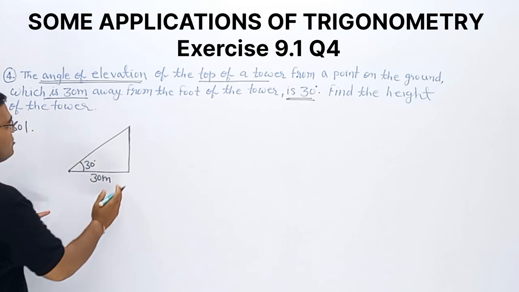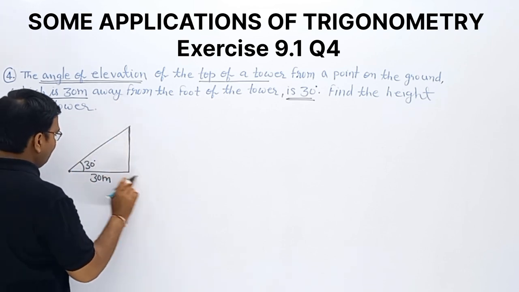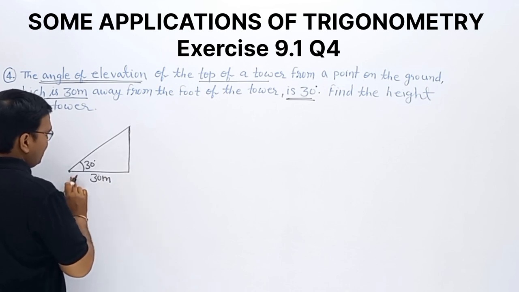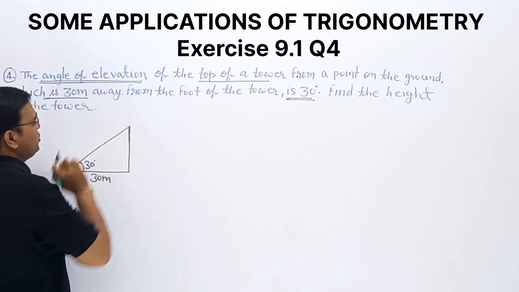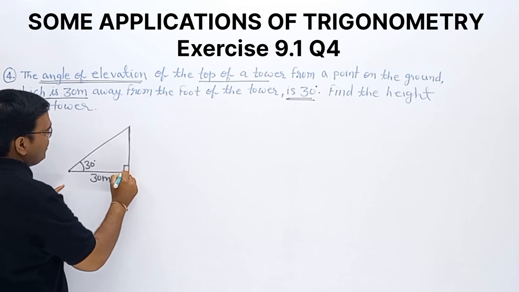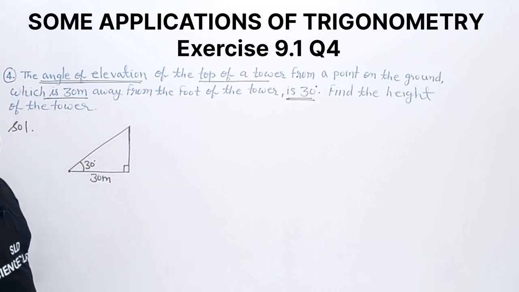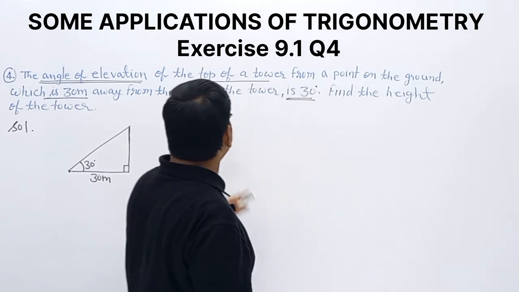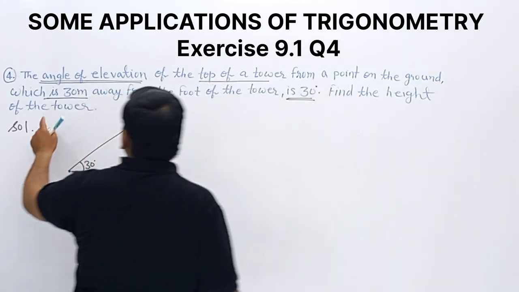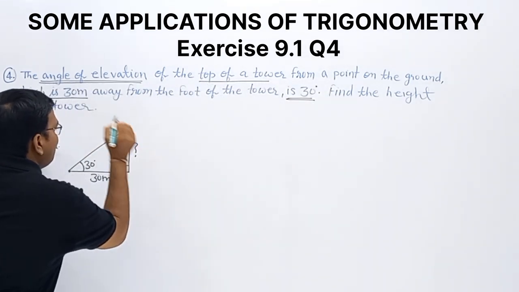So now this tower is the perpendicular. This is the base of this triangle, and this is the hypotenuse. This is looking as a right triangle, or in the right triangle we can apply trigonometric ratios. What we want? Find the height of the tower. We want to find the height of this one.